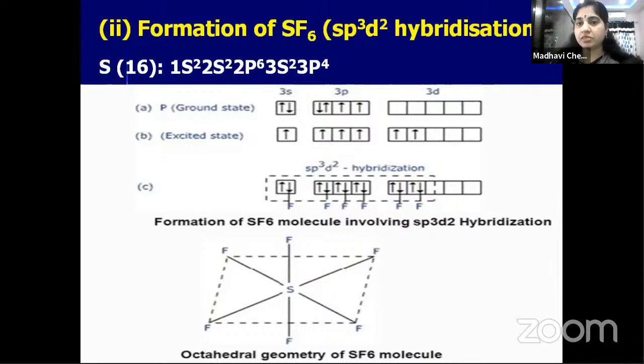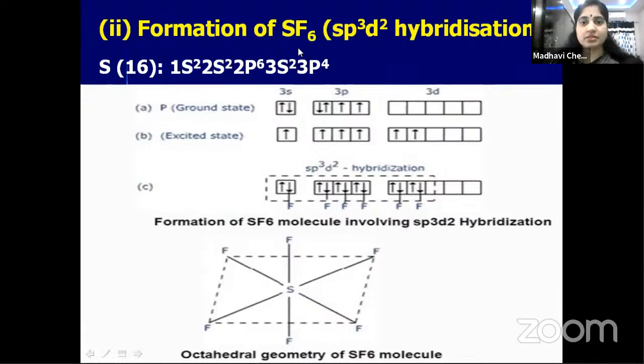Why 6? Because 1 plus 3 plus 2 is a total of 6. 6 sp3d2 hybrid orbitals we will get. Now see the example for sp3d2 hybridization. Sulfur hexafluoride, SF6, is an example for sp3d2 hybridization.